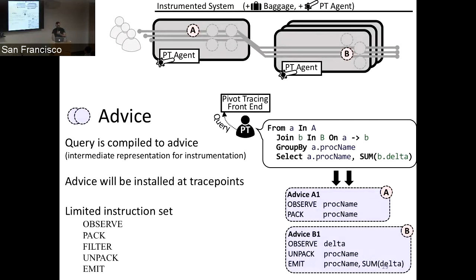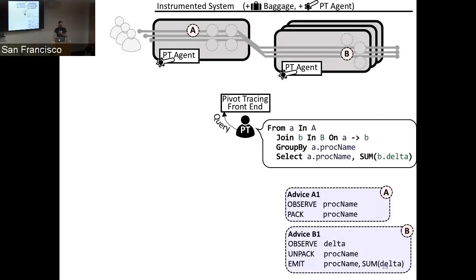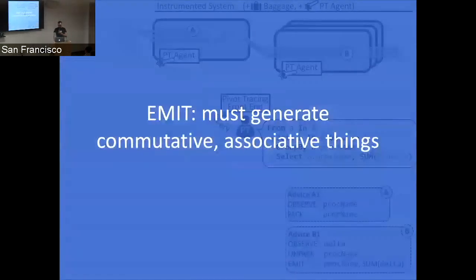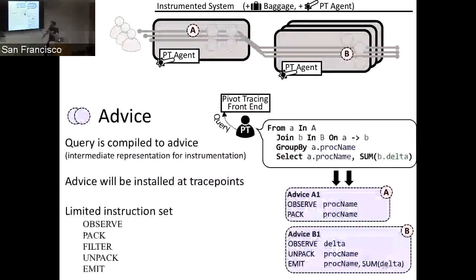The instruction set that they support is pretty limited for baggage, and it's very carefully construed such that everything ends up being locally reasonably efficient, and that you can get global aggregates out of these local aggregates. I think one thing that he doesn't mention is that for this to actually work, as far as I can tell, what emits needs to be commutative and associative.